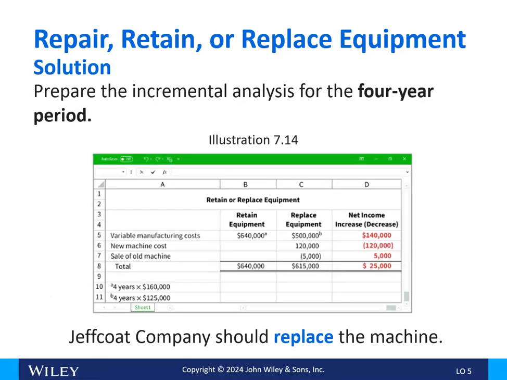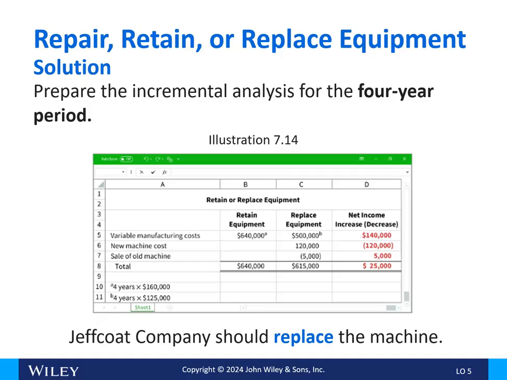So since we're doing this for the 4-year period, for variable manufacturing cost, if we retain the equipment, we take the $160,000 times 4 to get $640,000. If we're going to replace the equipment, that variable manufacturing cost decreases to $125,000. So we have 4 years at $125,000, which is $500,000.